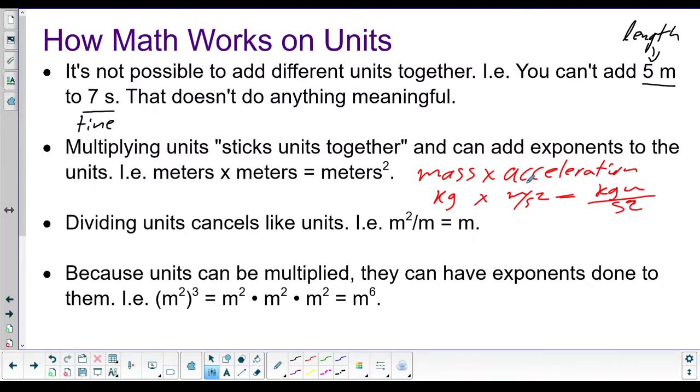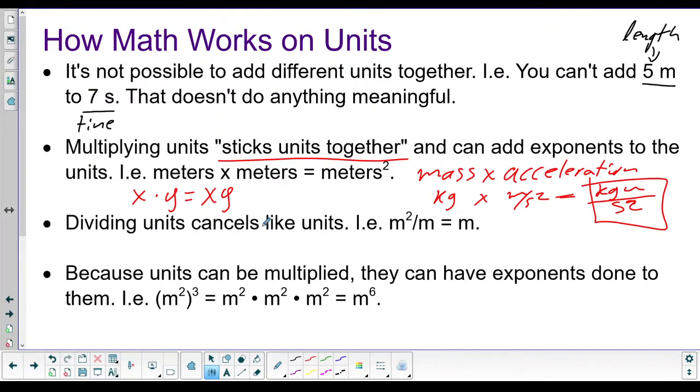You can multiply things together, and it kind of works like multiplying variables. If you have x times y, you get xy, right? So if you have kilograms times meters per second squared, you just get kilograms meters per second squared. It just mushes them together or sticks them together.